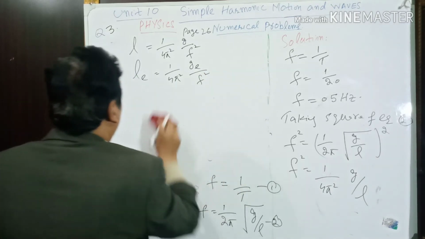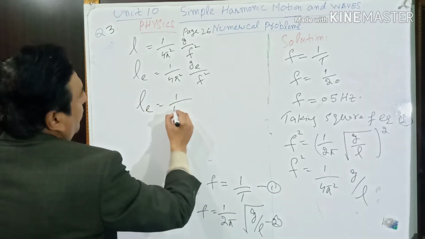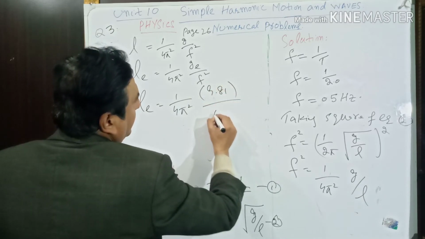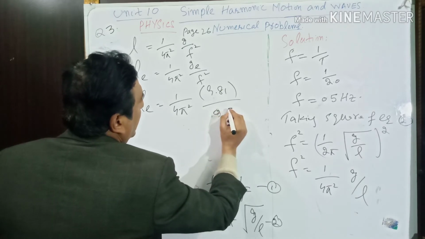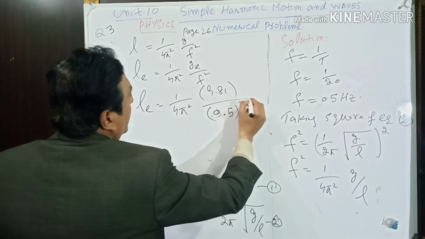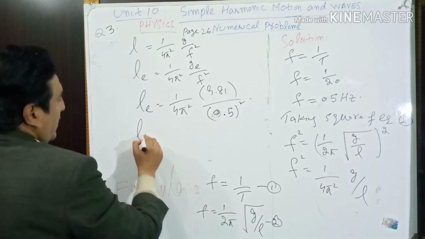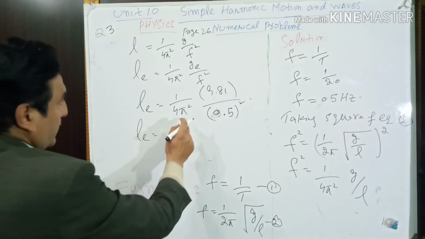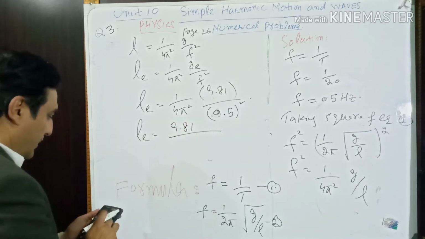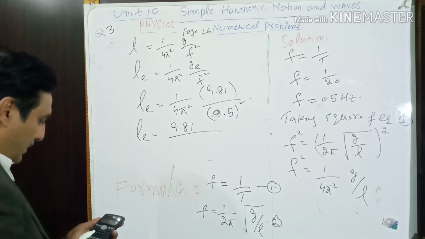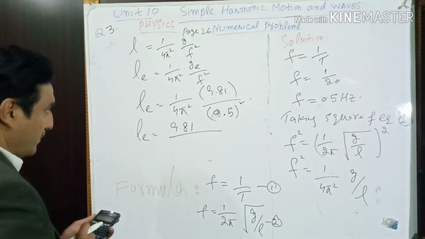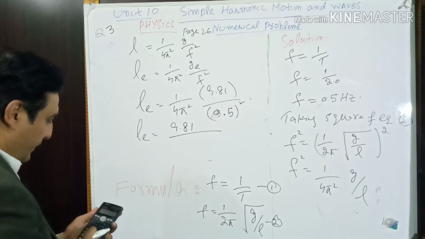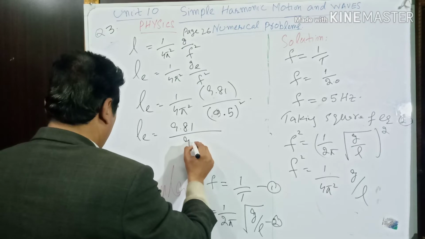Now we will put the values. 1 by 4 pi square, the value of g on earth is 9.81 and frequency is 0.5 square. 4 pi square multiplied by 0.5 square is equal to 9.87.